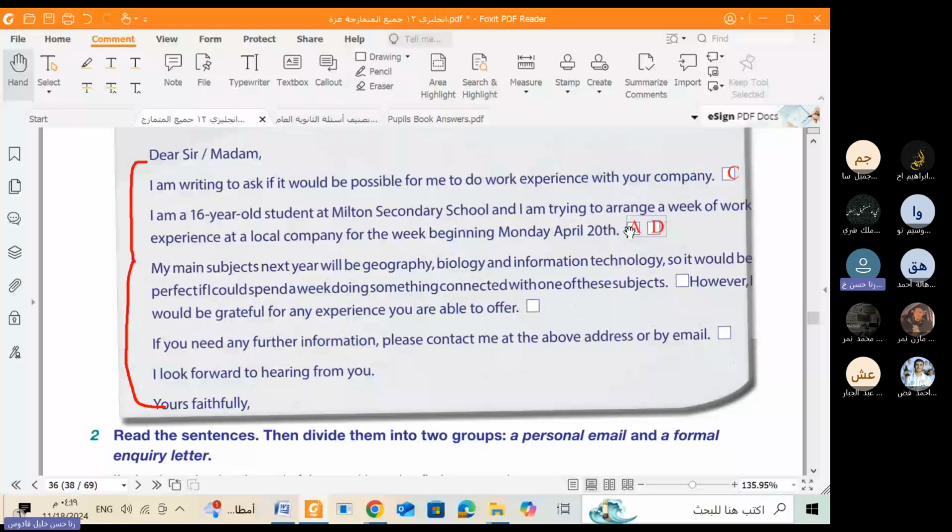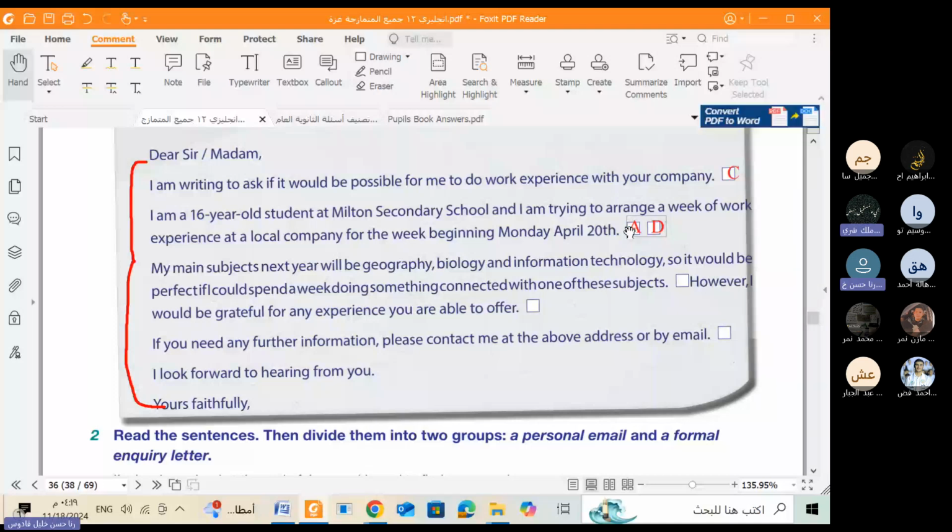What about the next paragraph, paragraph 3? Malak, please. Okay. My main subjects next year will be geography, biology, and information technology. So it would be perfect if I could spend a week doing something connected with one of these subjects.